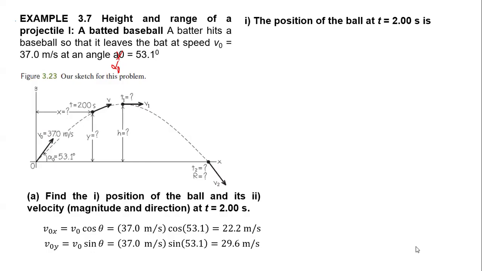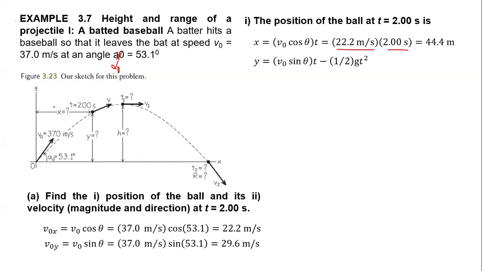The position of the ball after 2 seconds: you have the equation for the position along x, which is equal to v_ox times t, or v_o cosine theta times time. We already calculated v_ox, which is 22.2 meters per second, times 2 seconds. Then your position along x is 44 meters.